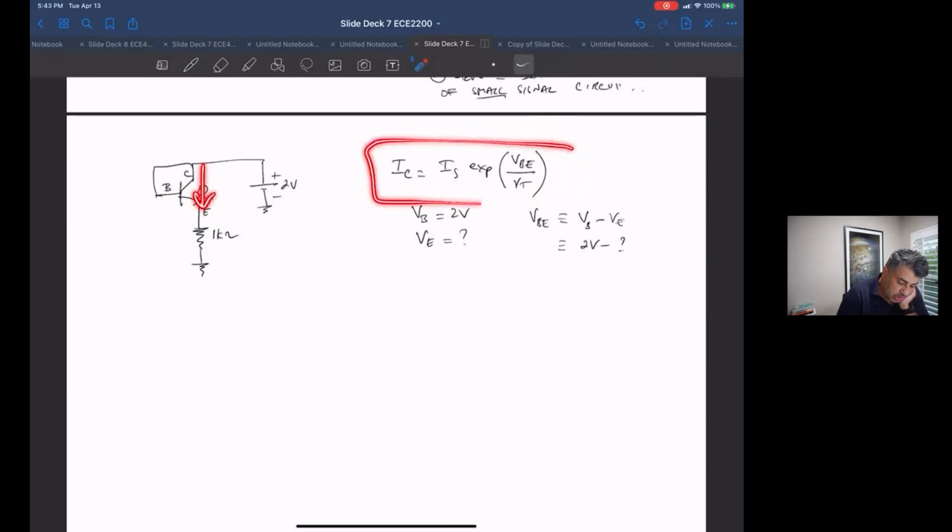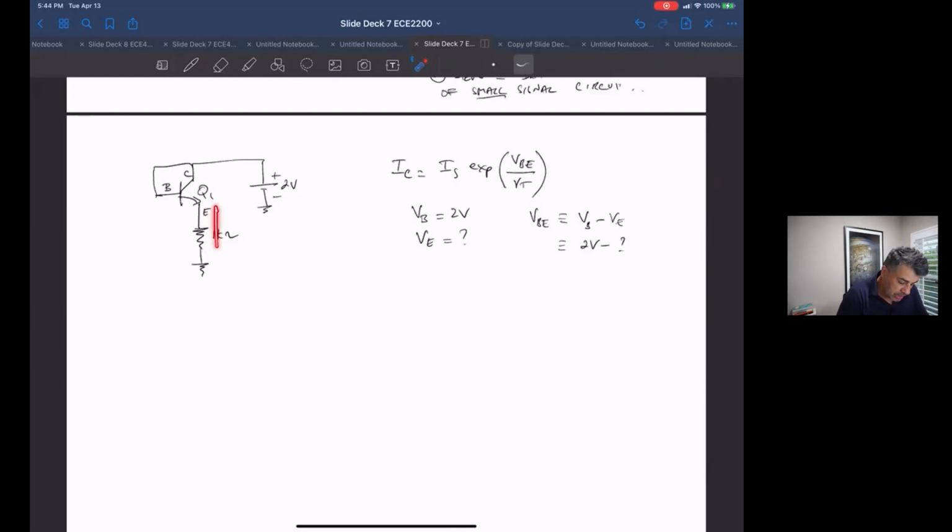The second thing that determines this is that current going through this resistor, which creates a voltage here as well. So this VE is defined by how much current goes through here, and vice versa. The voltage of that VE determines the current. So it's something that's got 2 dependencies, and we've got to figure out what that is.